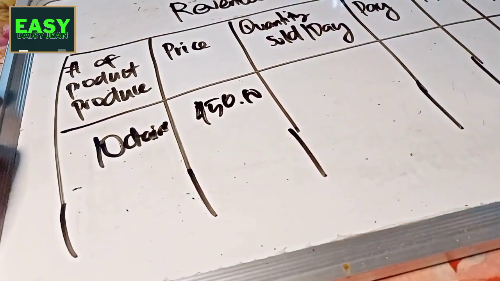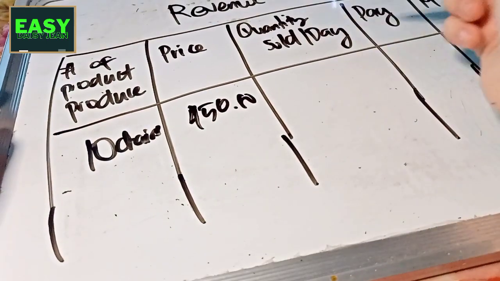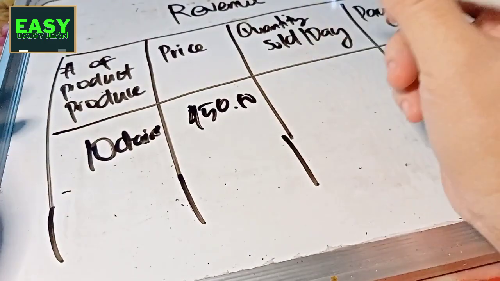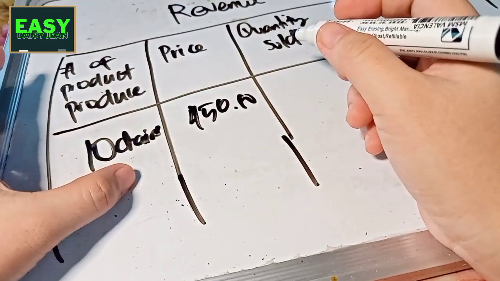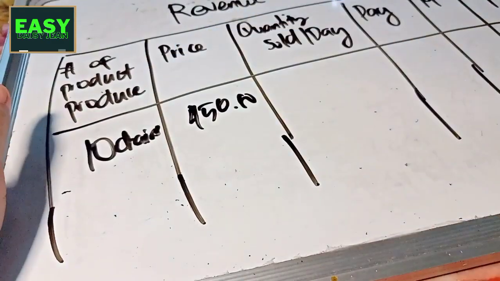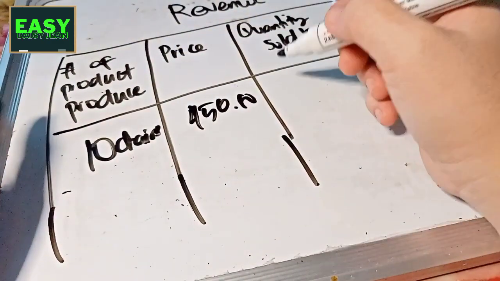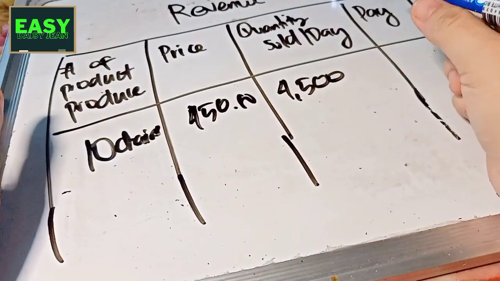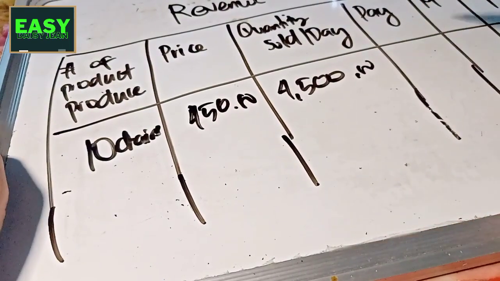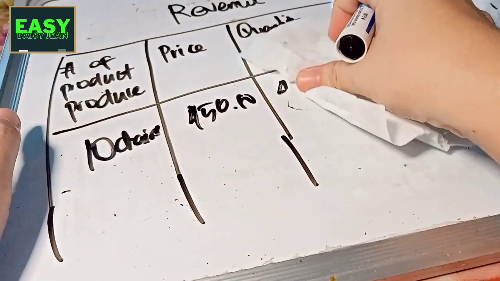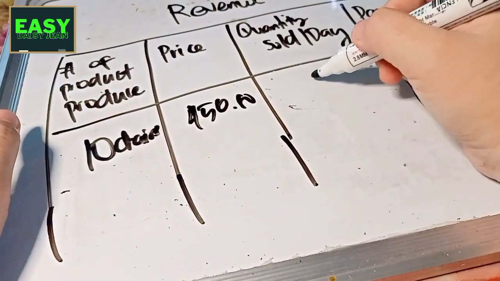Now, how much is the quantity sold per day? They assume that the 10 chairs they produce in a day will all be sold throughout the day. So quantity sold per day is 10.